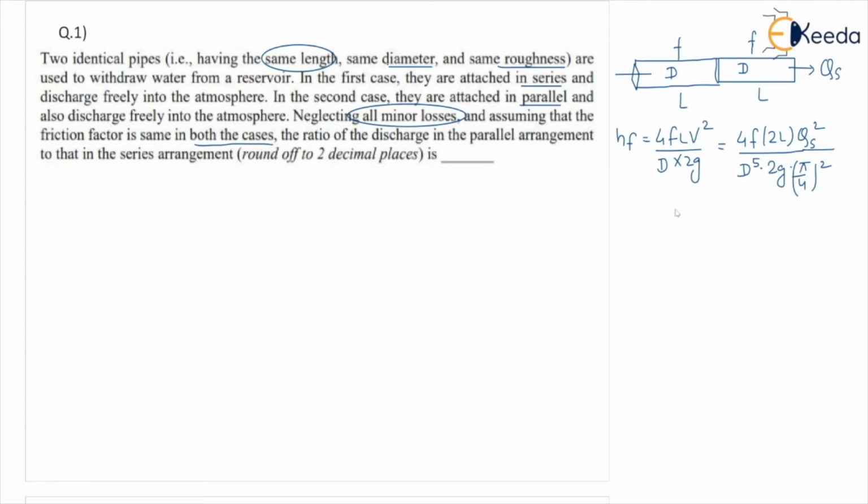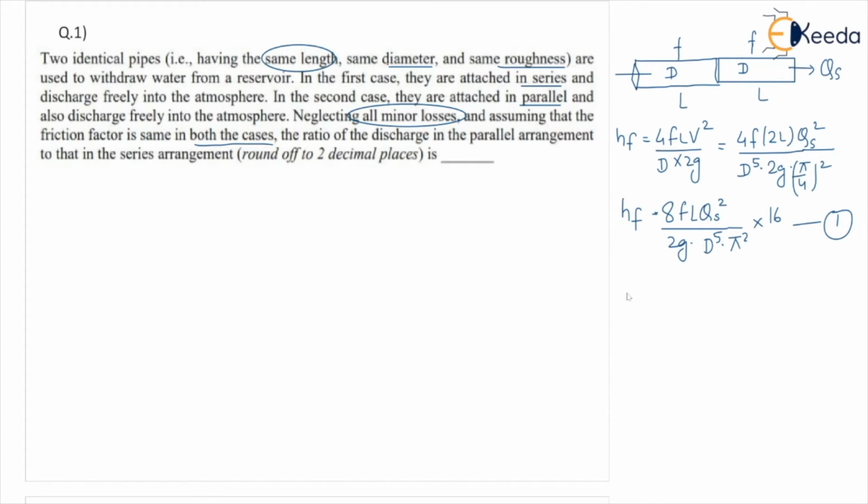So if you want to write this equation, finally HF equal to 8FL QS square by 2G into D to the power of 5 pi square into 16. This is equation 1.